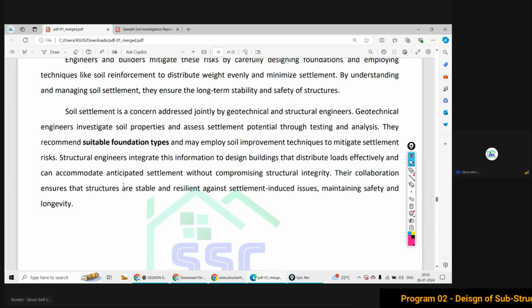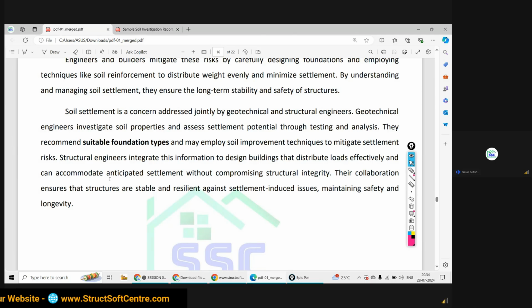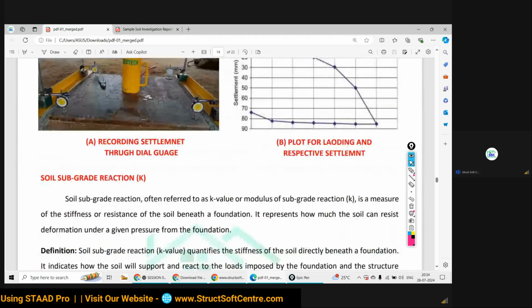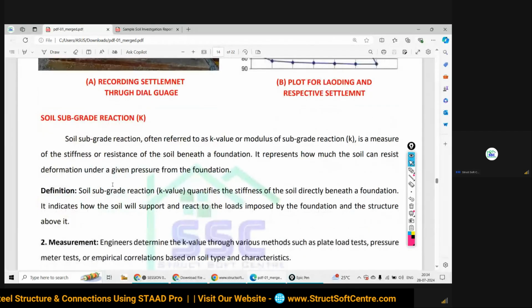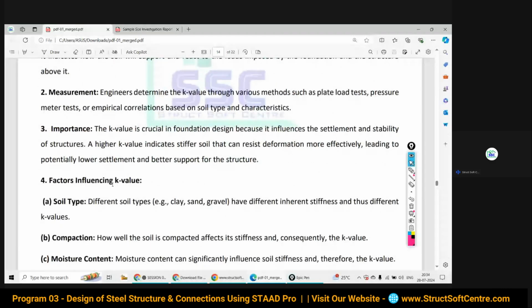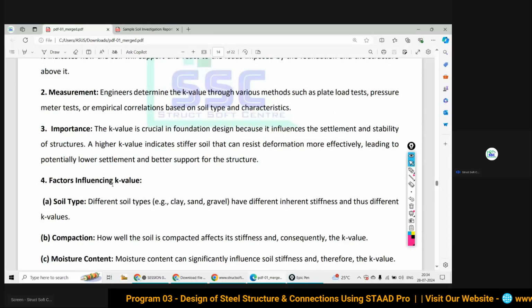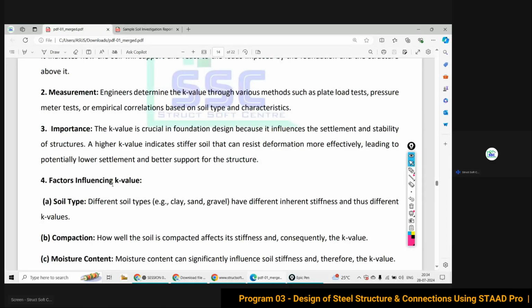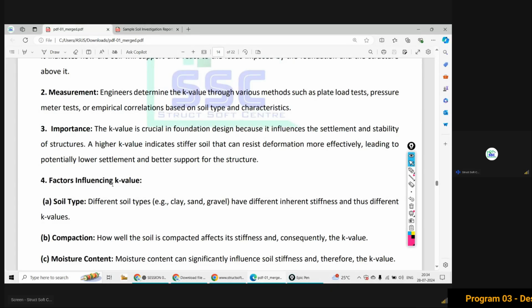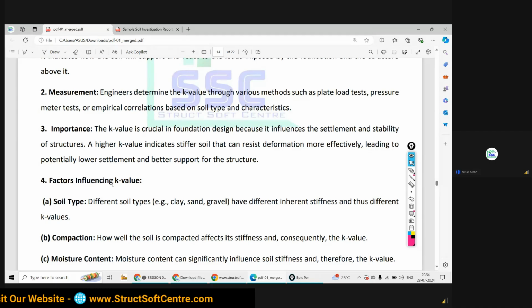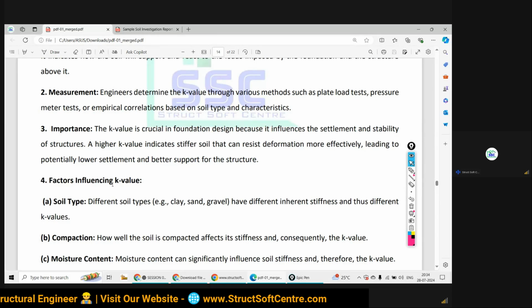Okay, after having all that study, and a lot of things are also there, if you are collecting all that data by adopting one or a number of methods of soil exploration, you have to prepare a final report. You have to document all this information properly to submit to the architect or the structural engineer.